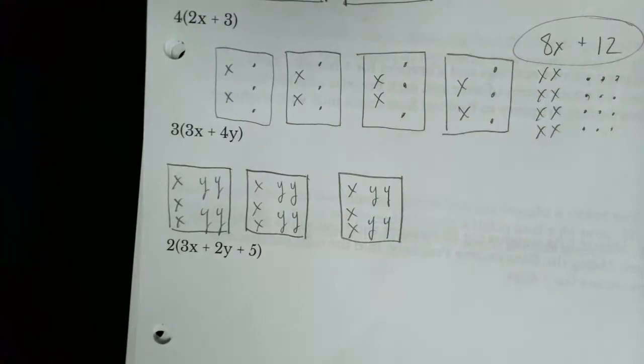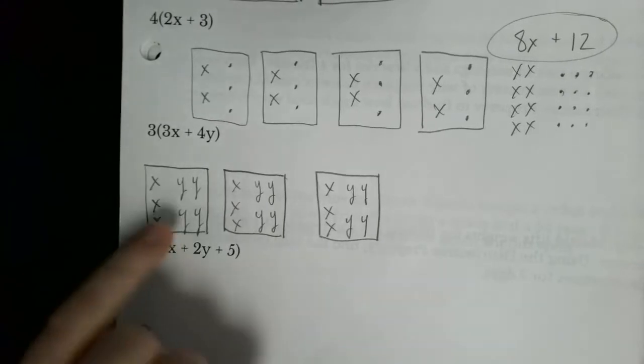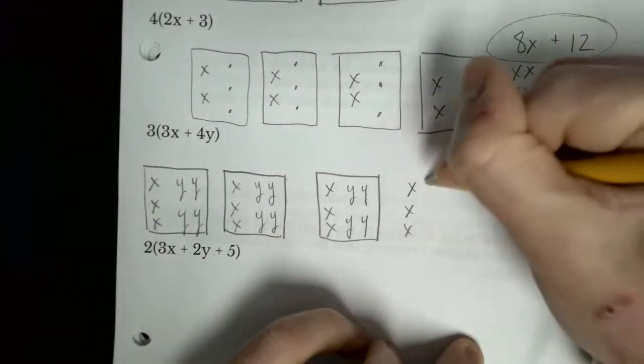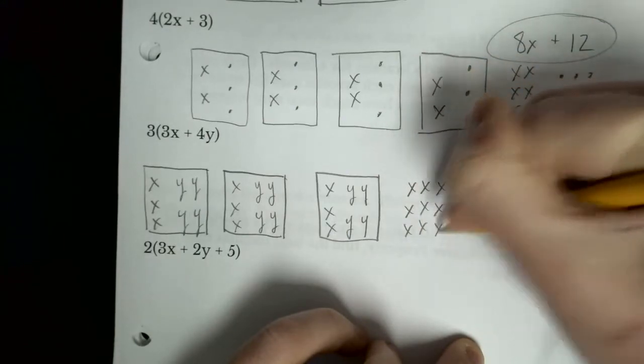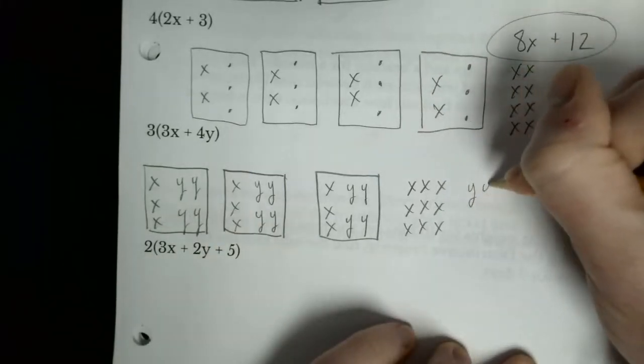So what we're going to do, again, is take out all the x's and put them together. We're going to take out all the y's, put them together, and we'll see how many we have. 3, 6, 9 x's. 4, 8, 12 y's.